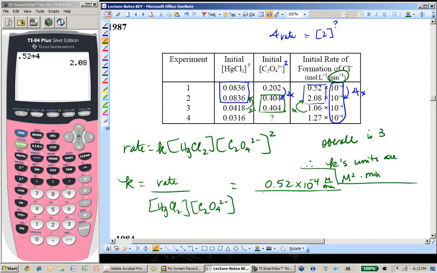Partition that off. And then I'm going to put in this value from that line, which is 0.0836 and 0.202. Don't forget to square it.